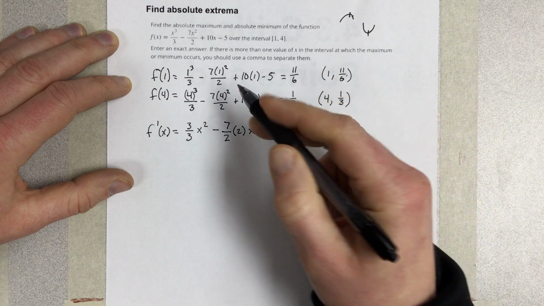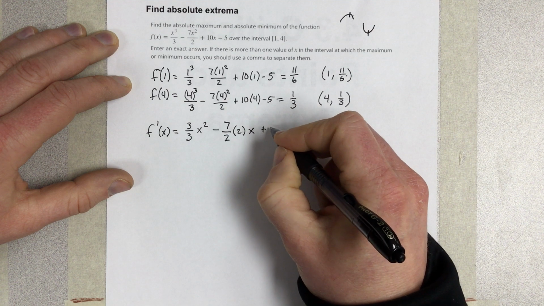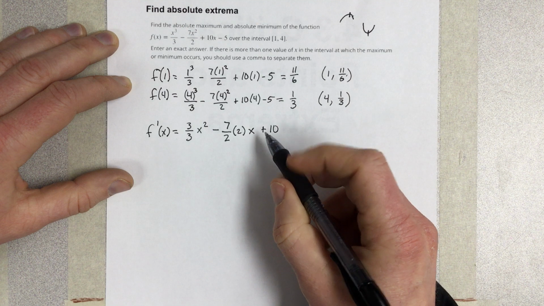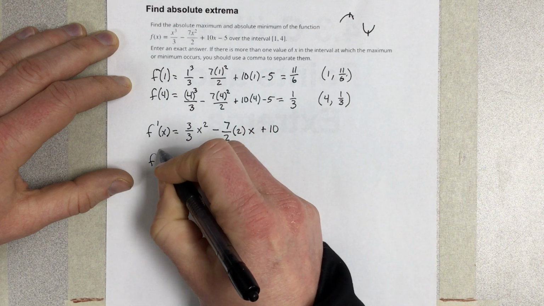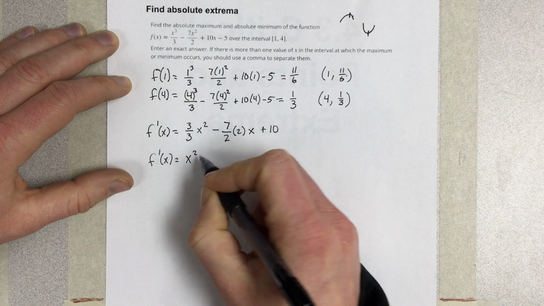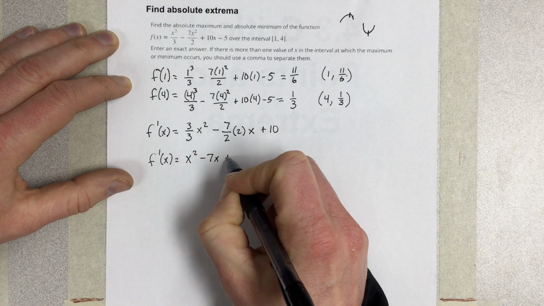And then I have plus 10, and the derivative of negative 5 is going to cancel out. So we end up with f prime of x is equal to x squared minus 7x plus 10.